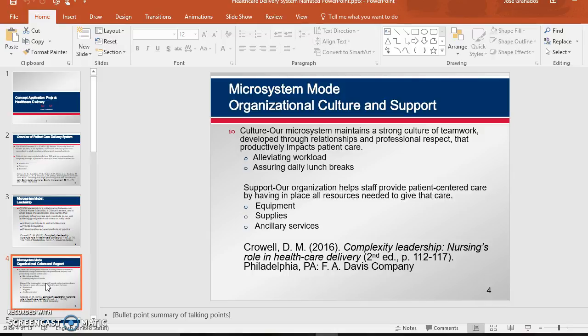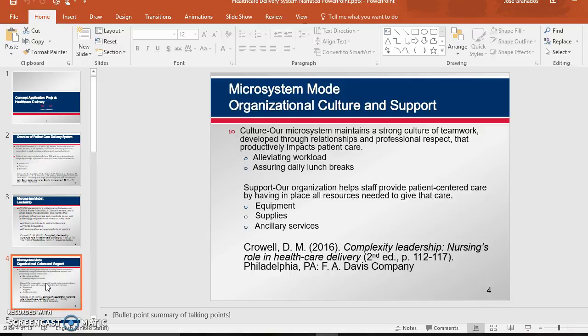Our unit has always had a strong culture of teamwork that's developed over the years. This helps in two very important aspects of care.